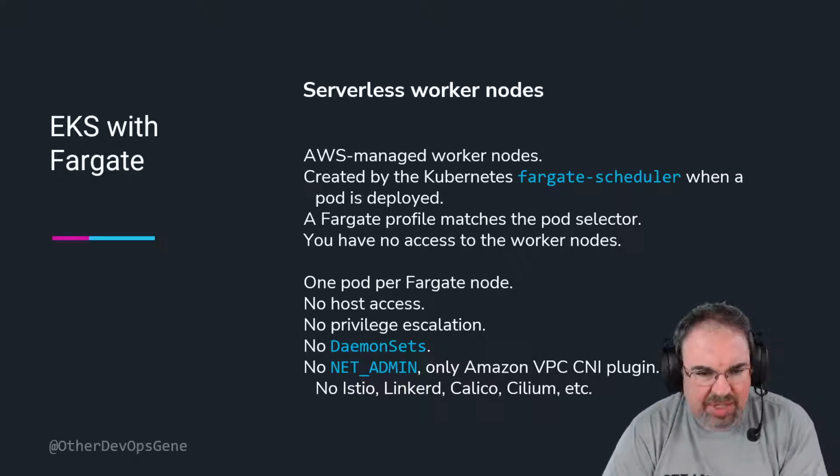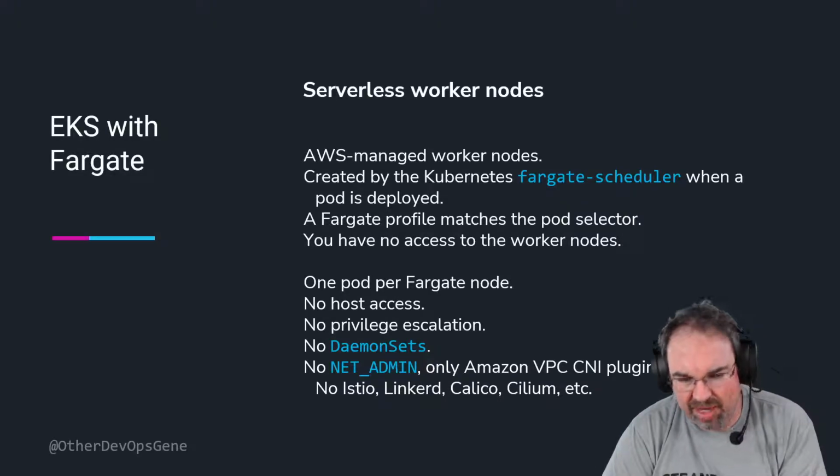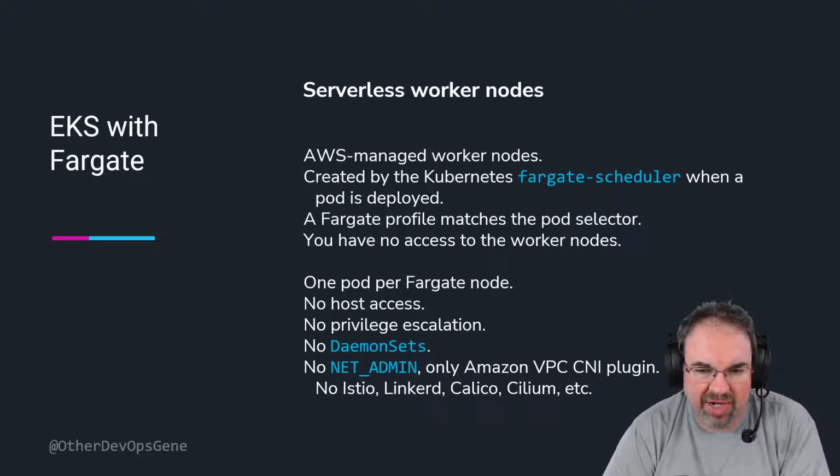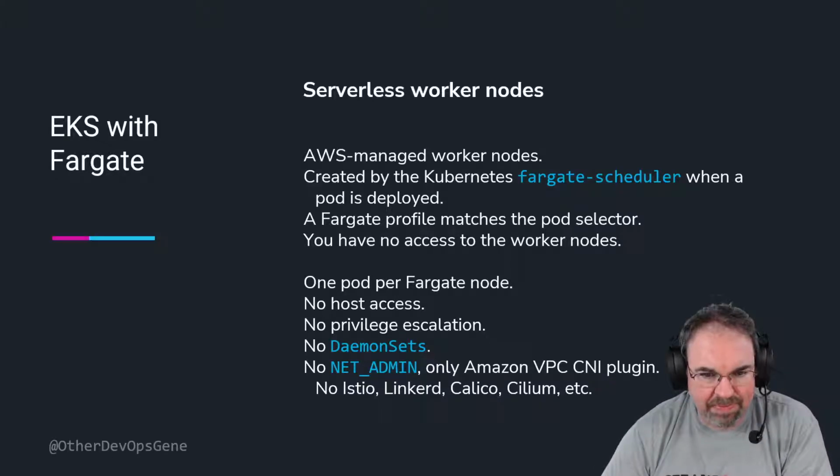You can't do those because you don't have access to these pods and containers don't have access to the Linux capability known as NET_ADMIN, which lets it mess around with iptables and networking. You can do some CNI if you use the Amazon VPC CNI plugin, which is installed on every Fargate node, but that's the only CNI option you have.